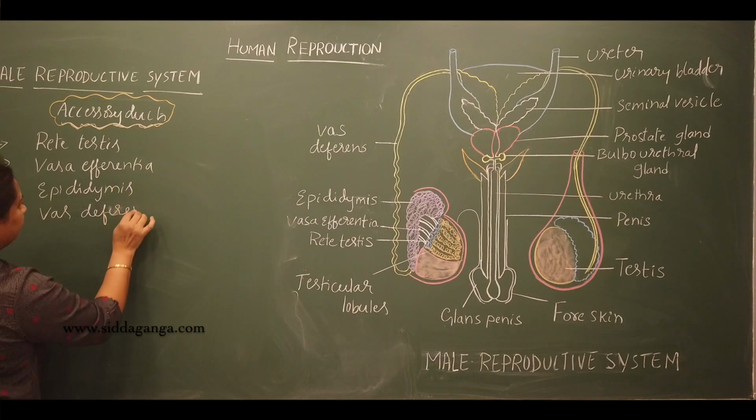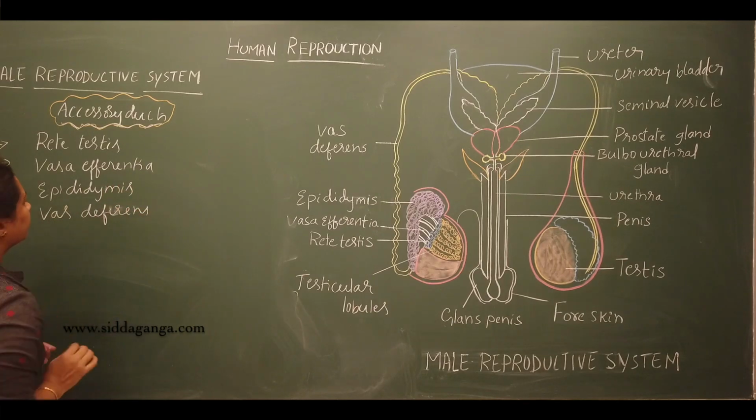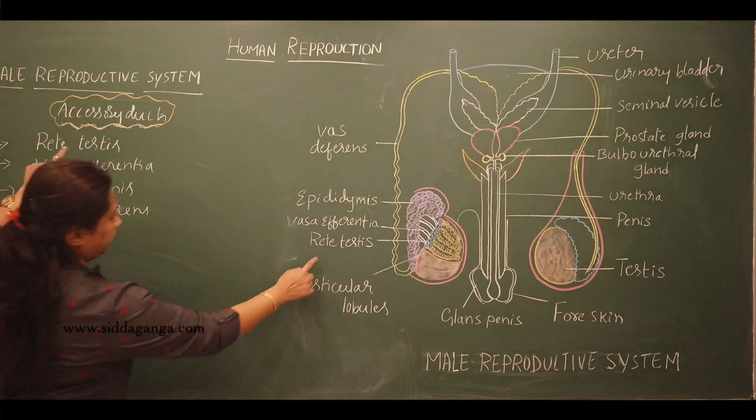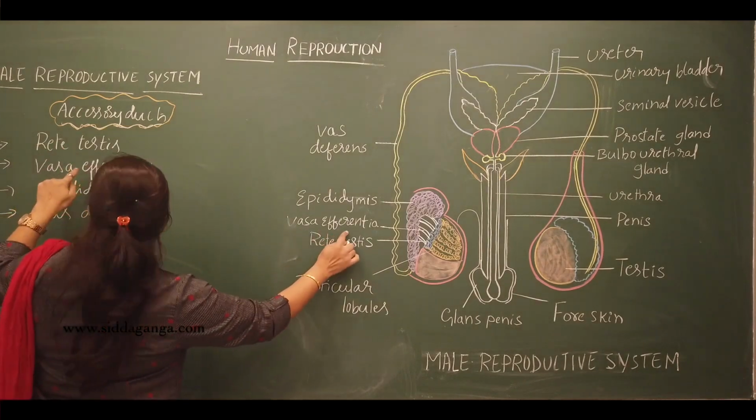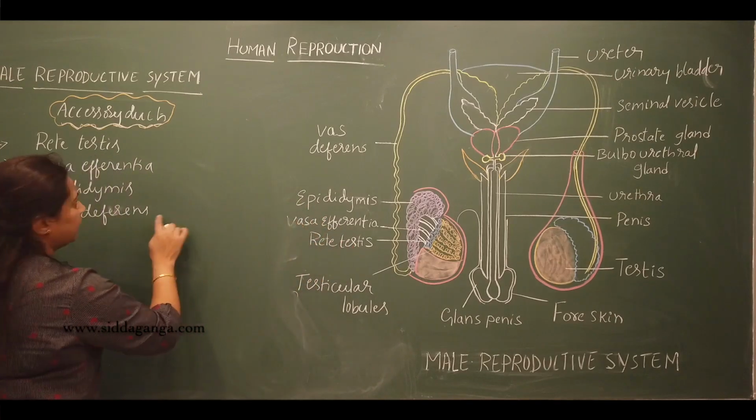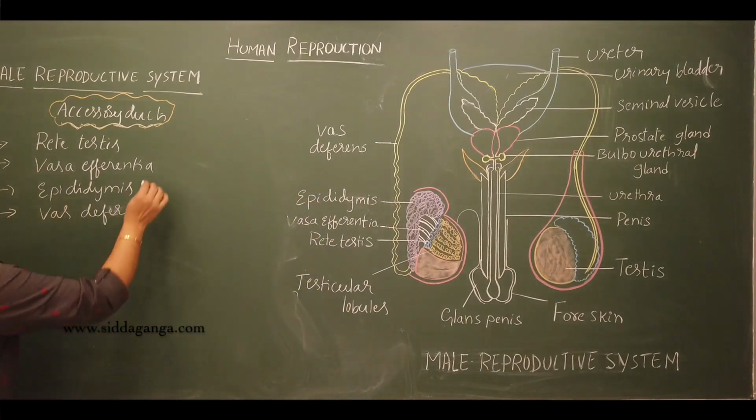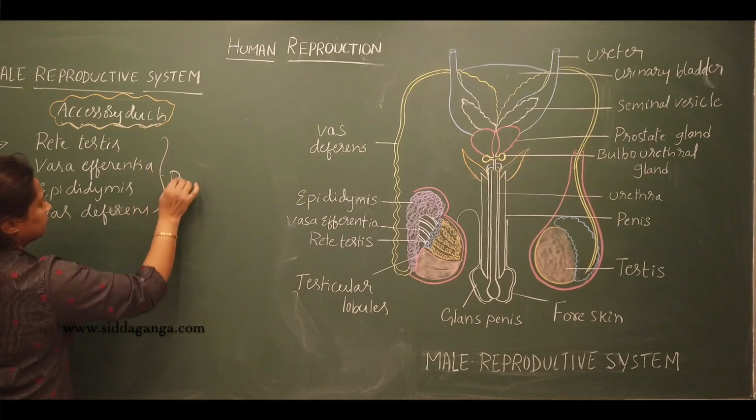See, rete testis, vasa efferentia, epididymis, and vas deferens. So these are the duct system.